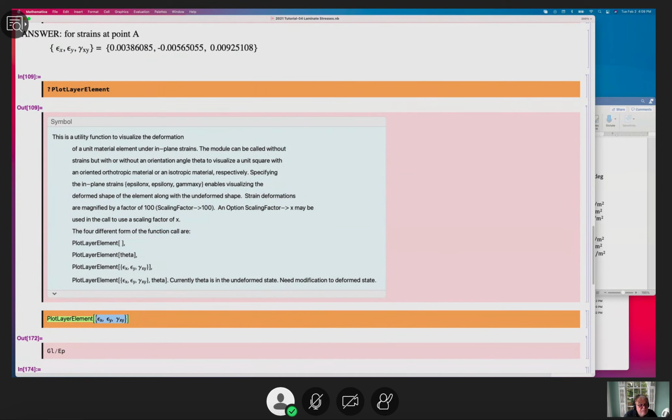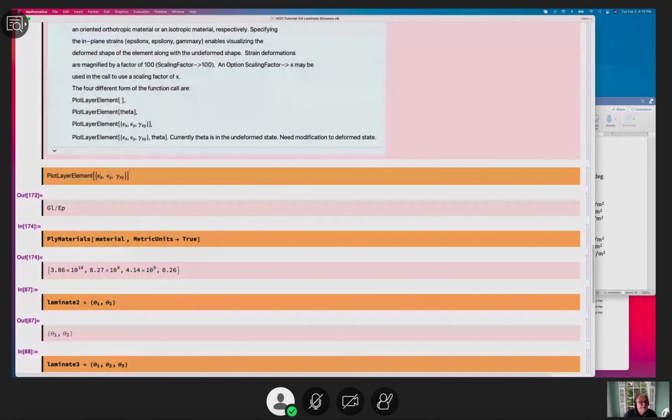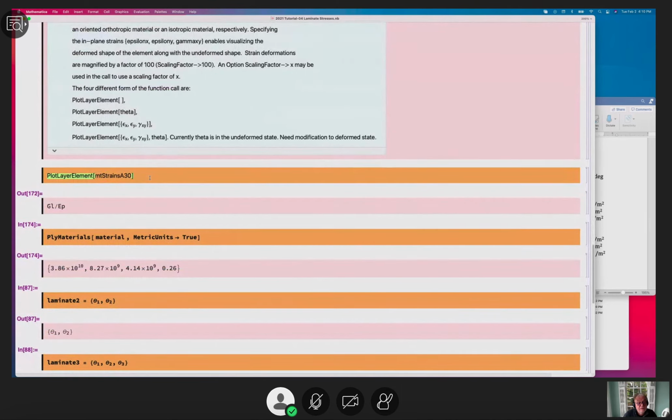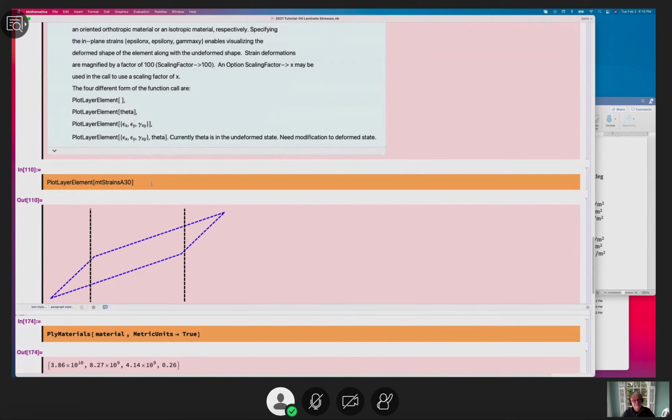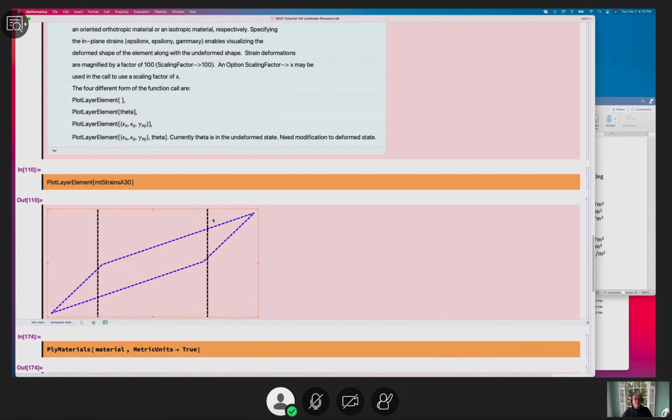Here I'm going to put what my strains A03 whatever. Most likely it will complain about the font, but we don't know. No. Okay, it didn't. So this is the undeformed shape, the black one, square. And this is the deformed shape after those strains.